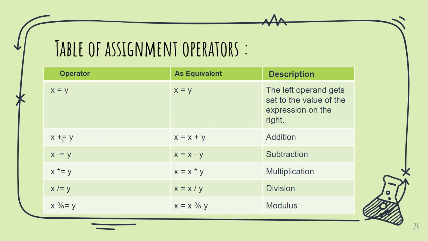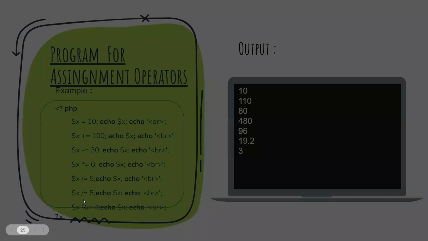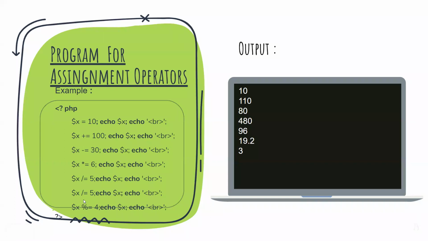In case of plus equal to, whatever value is present in y will be added to x, and that total value is assigned to x. Similarly with the others as well. This is a sample program.